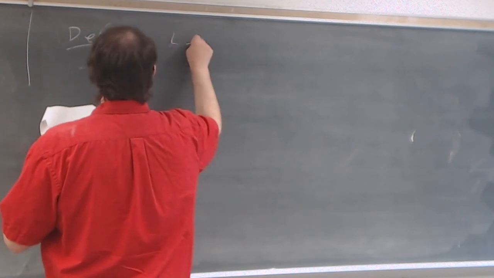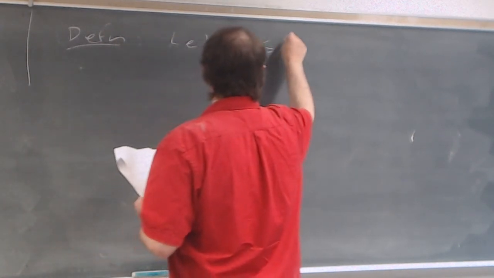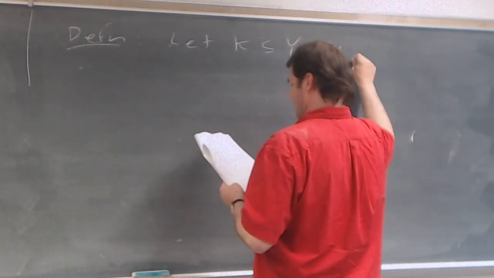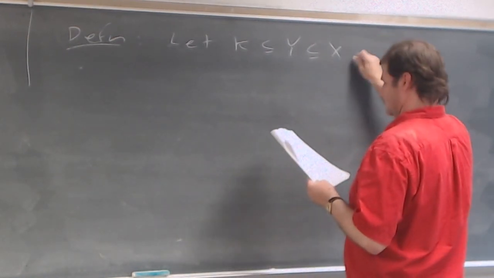So here it is, definition. Let K be a subset of Y, it's a subset of X, and X is our metric space.